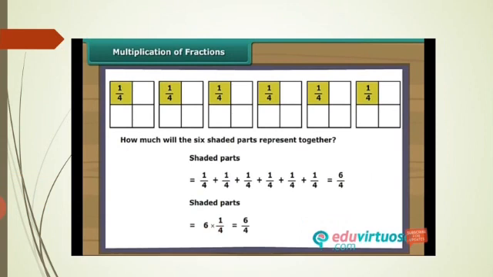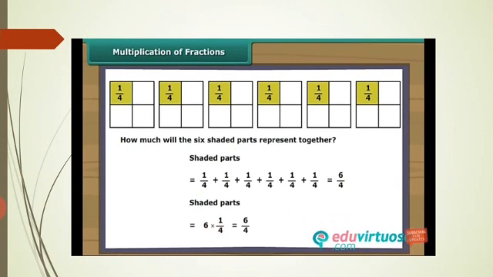How many boxes have I given? 6 boxes. So 6 into 1 by 4. Likewise you can multiply it, or otherwise you can add the shaded parts given in the tabular column. These are the two methods for the multiplication of fractions.